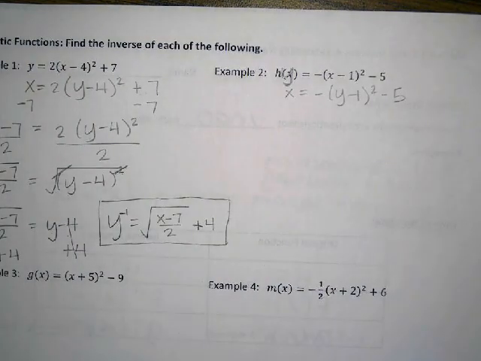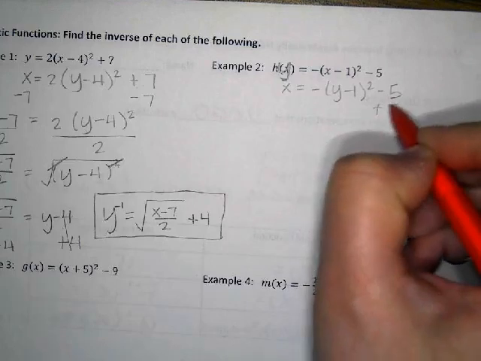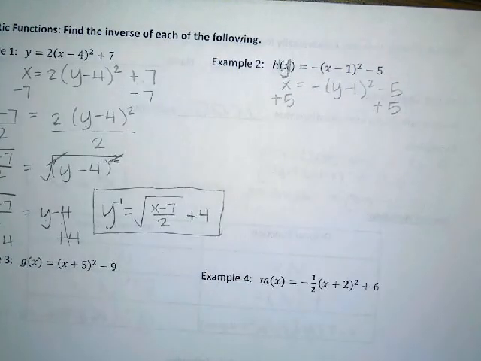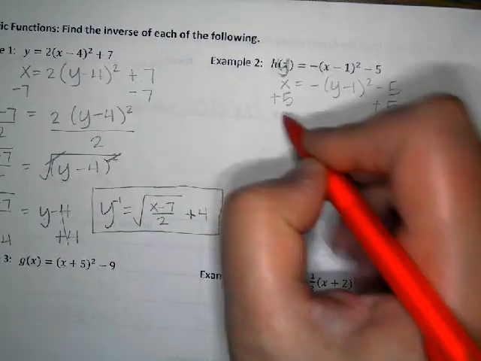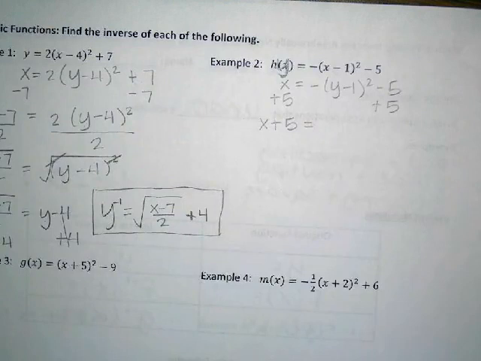Take the 5 and add it over to the other side. X plus 5 equals negative y minus 1 squared.